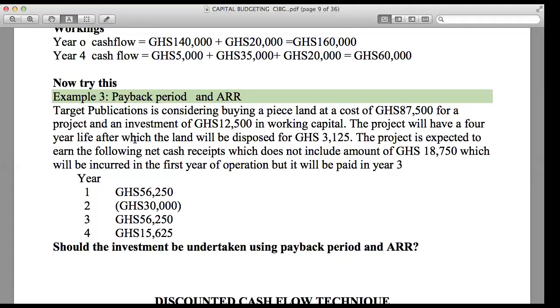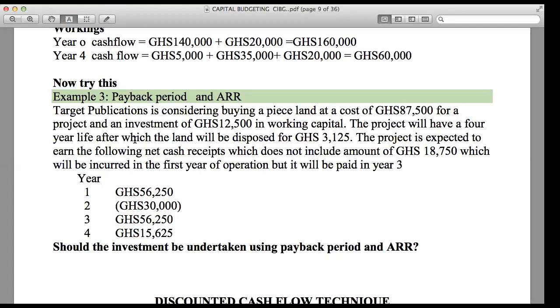Year one. Okay, with year one, what's the cash flow there? Year one cash flow is, I can even copy the cash flows here.